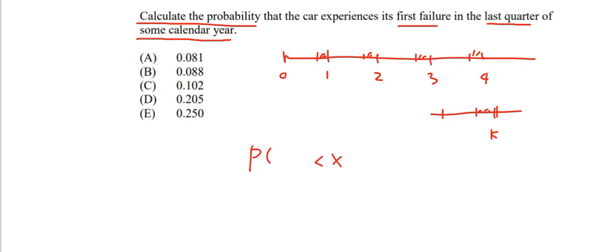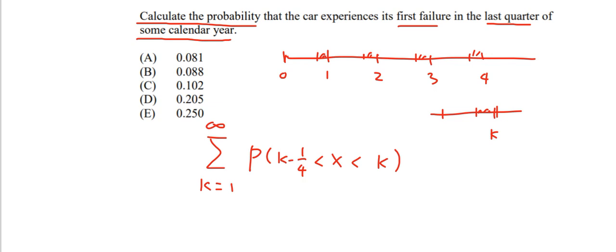X between K minus 1/4 and K. So this is the last quarter, and we just take the summation. This K can start from 1 to infinity. Right? So we want to find this.